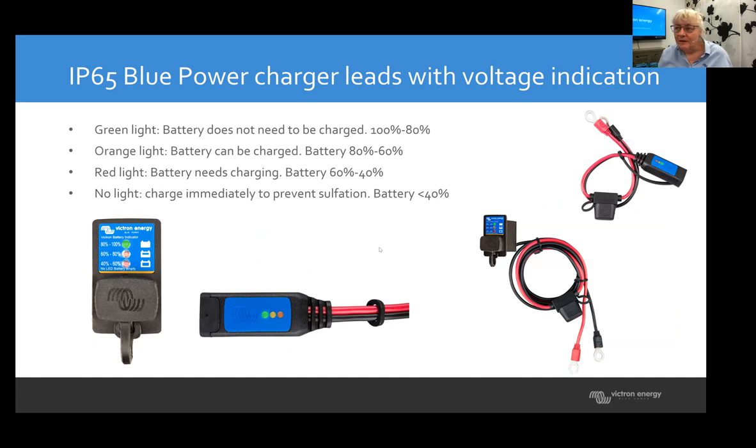Really basic voltmeter. Basically, it looks at voltage, and the light will go on depending on voltage. Okay, not that accurate, and that's basically what you can maximally get. And another problem with voltage is when you run a load, the voltage of a battery will drop, and then you turn the load off, and then the voltage will recover again a little bit.